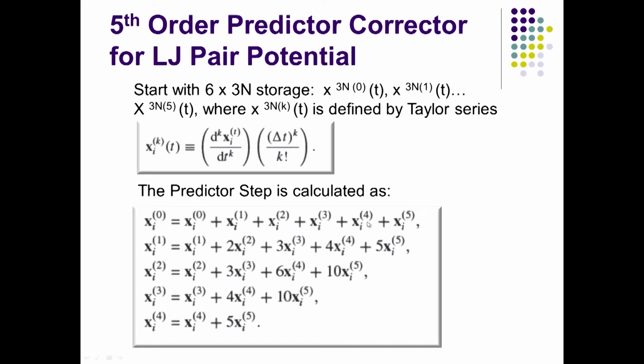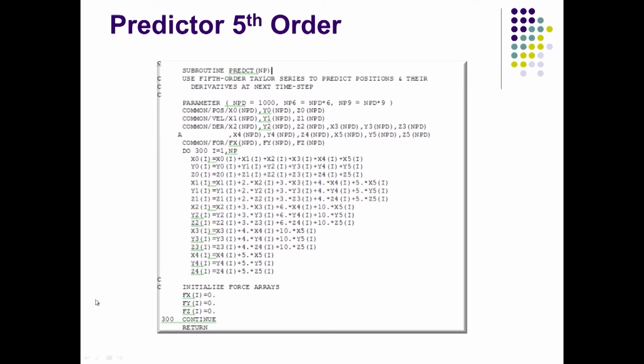These are all parts of the Taylor series expansion up to the 6th term, and we are looking at 3 dimensions, so 3n degrees of freedom. Once you calculate that, you can calculate the predictor. It looks very similar to the formulation that you saw earlier. In this case, this is now converted into a program.